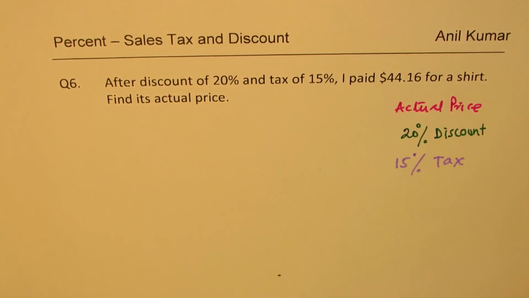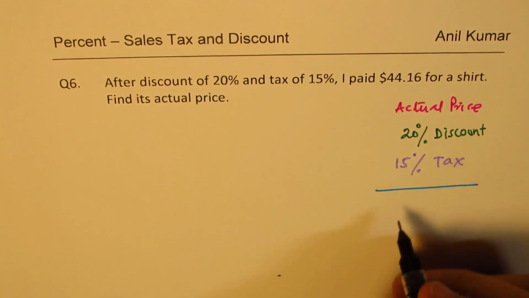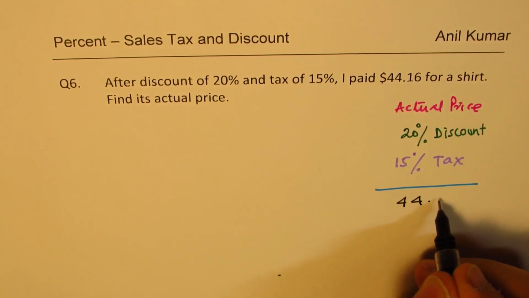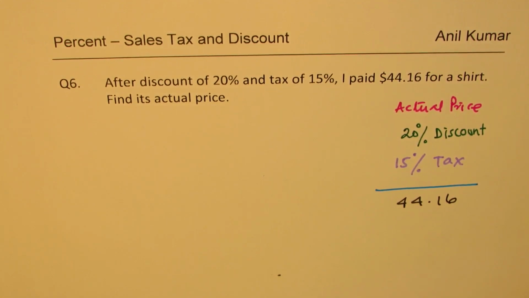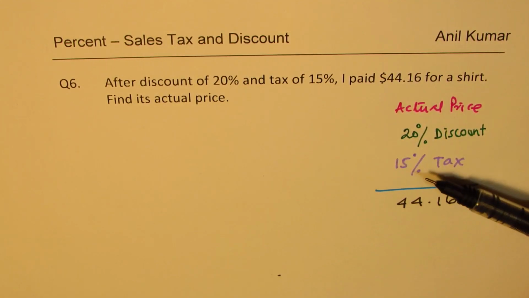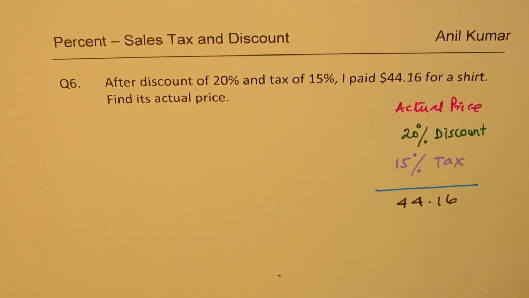And once we add them all, what we get is 44.16. Right? So what we need to do is step by step go up. Perfect. So how do we find the figures?